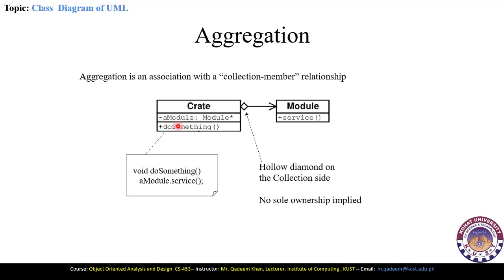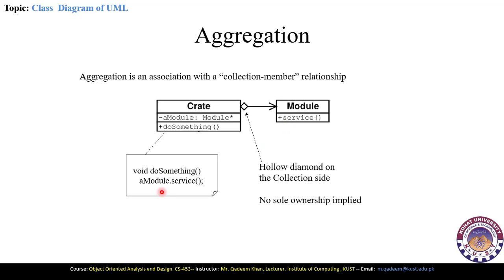Through this we access void doSomething, and we also access the service function of the module inside the Create class through the module object instantiated here. Here it depends on the side of the collection, because Create is the collection of modules, and there are multiple modules.